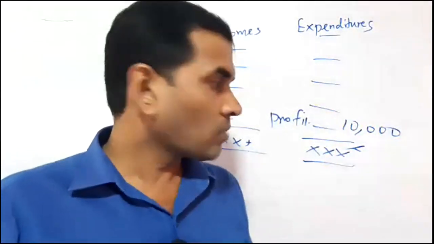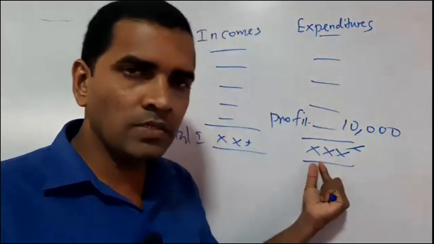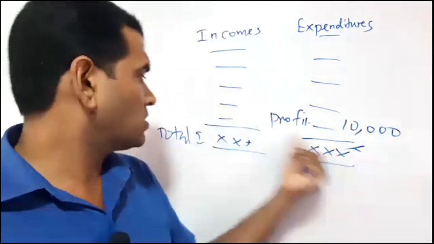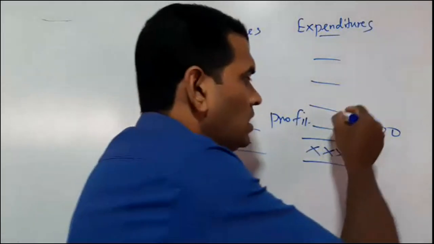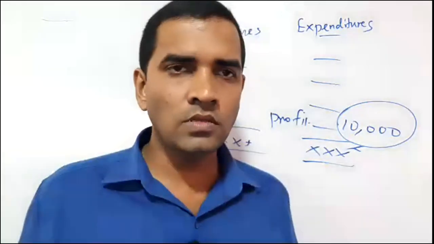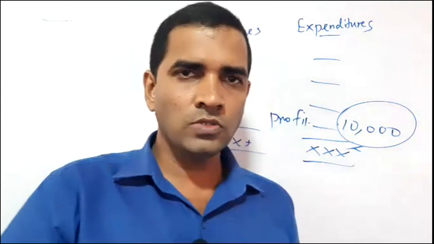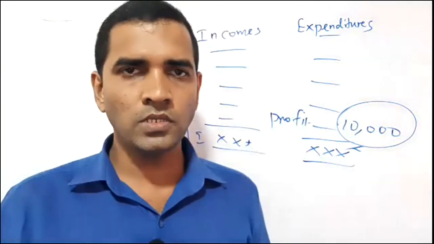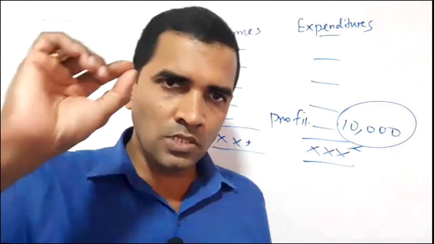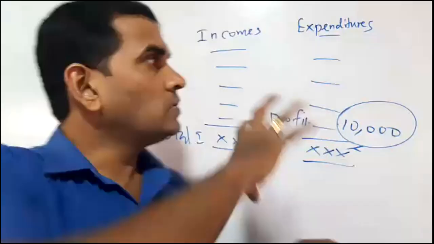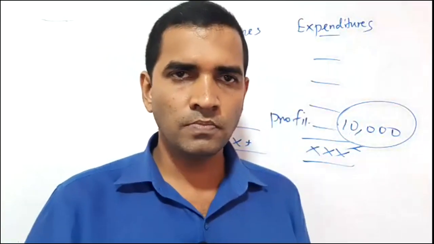He finds it after adding all the incomes and all the expenditures, and then subtracts total expenditure from total income, and he has 10,000 profit now. This statement, profit 10,000, is meaningful information. But to get such information, this table had to be processed, right?